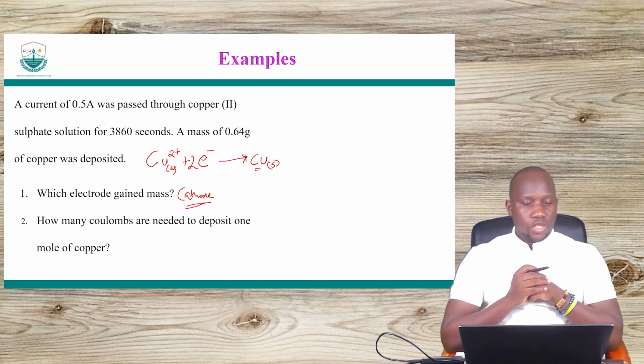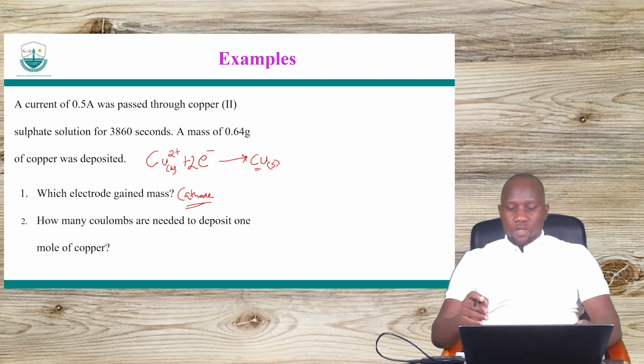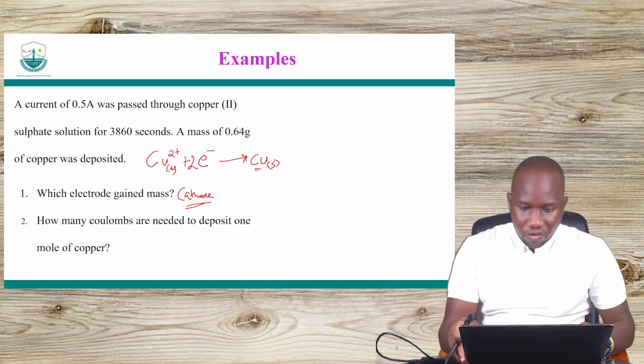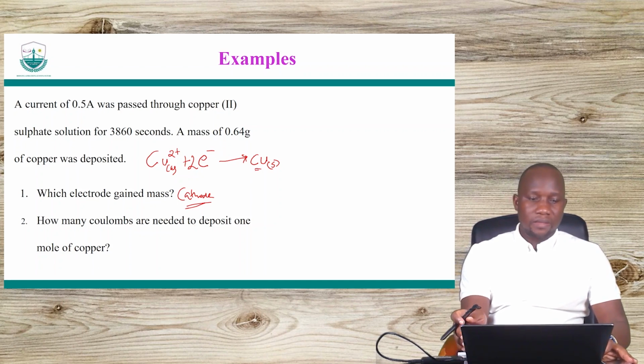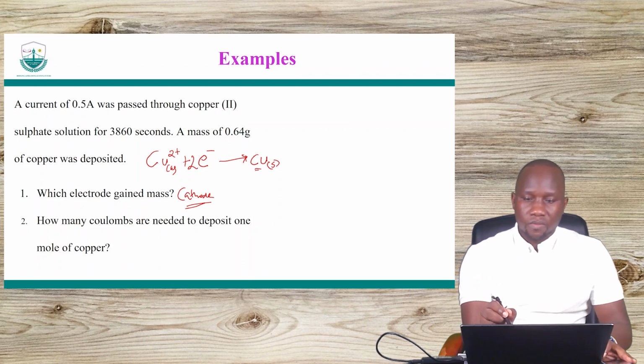So the second question is, how many coulombs are needed to deposit 1 mole of copper? Of course, we need to first understand the quantity of electricity passed, and then from there we can do the other calculations.